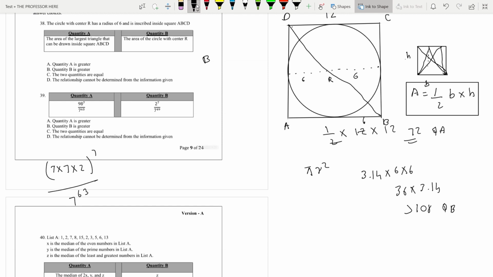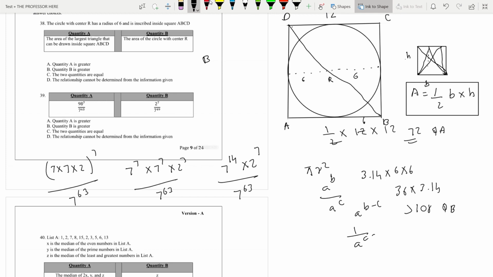Okay, which is similar to 7 raised to 7 into 7 raised to 7 into 2 raised to 7 divided by 7 raised to 63, which is 7 raised to 14 into 2 raised to 7 divided by 7 raised to 63. You might be aware of the equation a raised to b by a raised to c can be written as a raised to b minus c, or it can also be written as 1 by a raised to c minus b.